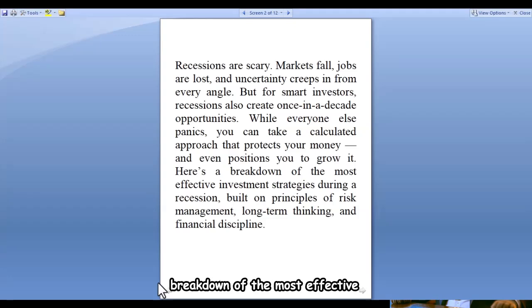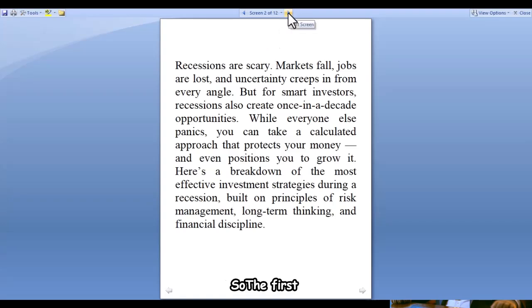So here is a breakdown of the most effective investment strategies during a recession, built on principles of risk management, long-term thinking, and financial discipline, guys. So now let's go to the next page now.